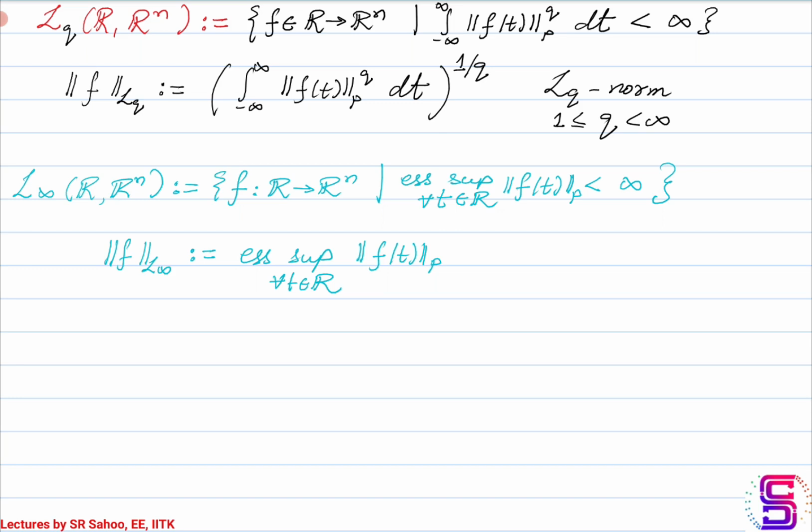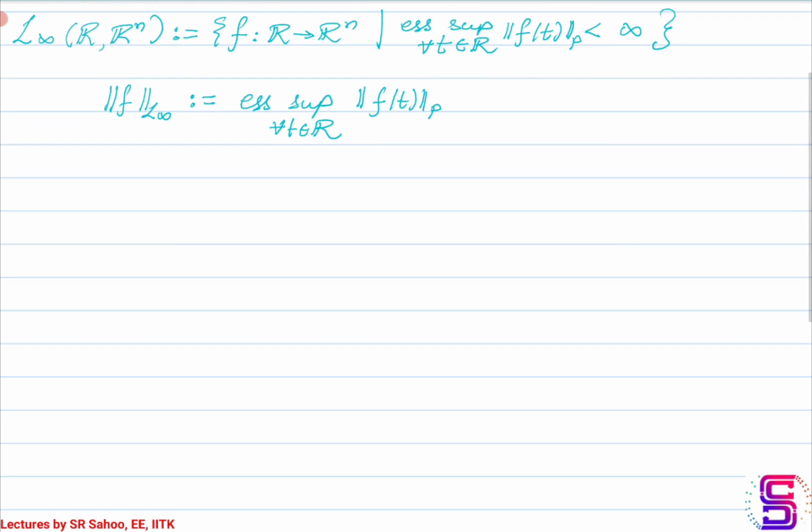Now this essential supremum is something which is really funny. So I'll explain what it is through a scalar function. Let's say that n is equal to 1. That makes it easy to understand.